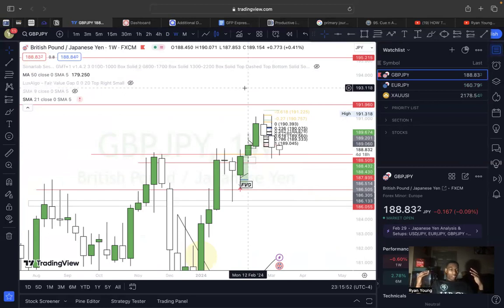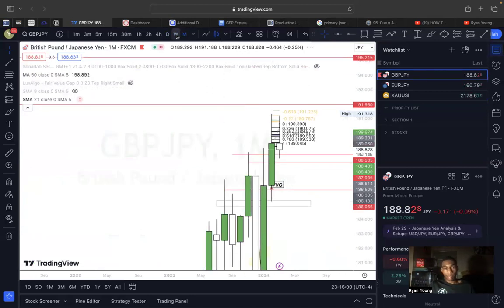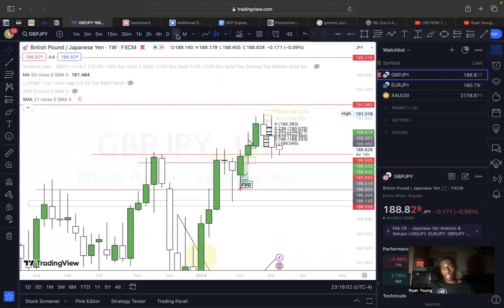So, how I trade. Like most traders, I start off on the weekly and I kind of make my way down. I could start on the monthly, but I have all the data that I need to see on the weekly to form a bias and analyze from there. So that's where I'm going to start. I'm going to make my way down to the daily, 4 hour.